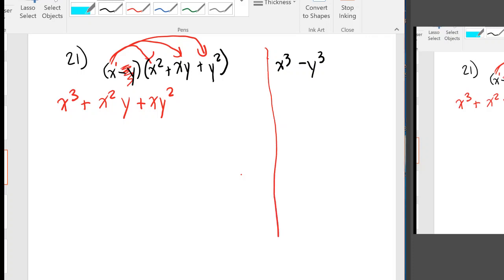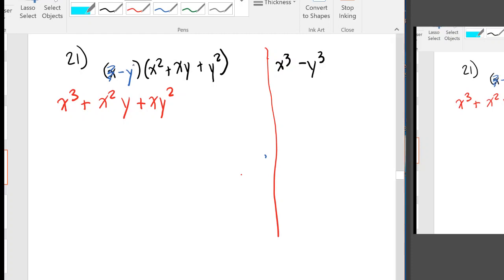Now let's deal with the y's. Now it's time to forget about the x and deal with this y. So this is minus y. And for right now, we're going to forget about x. Remember, this is a negative 1y, all right?